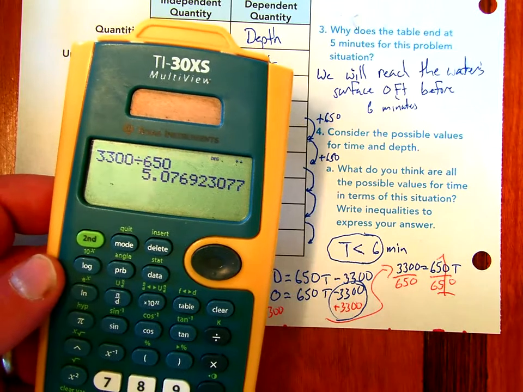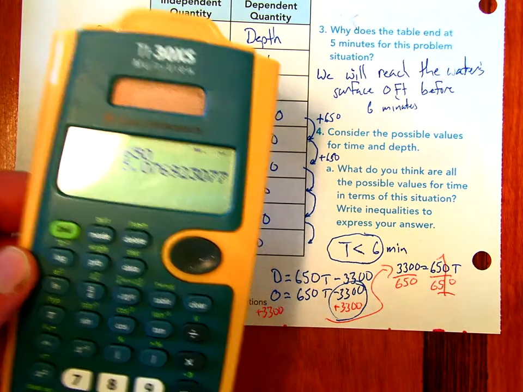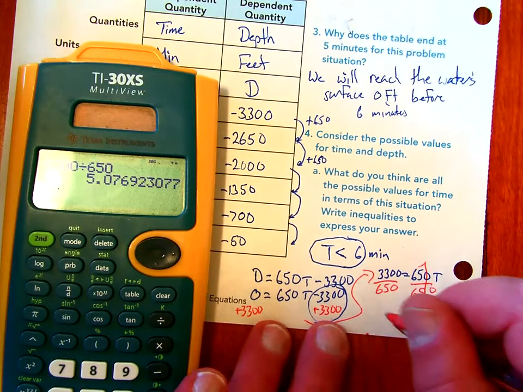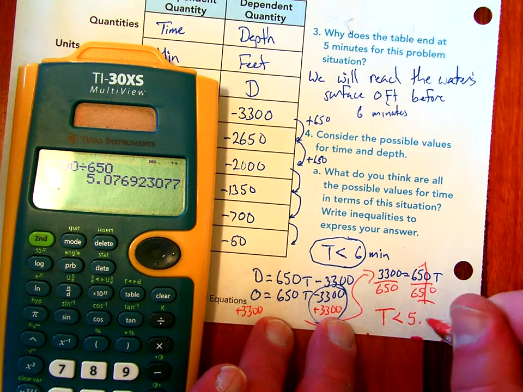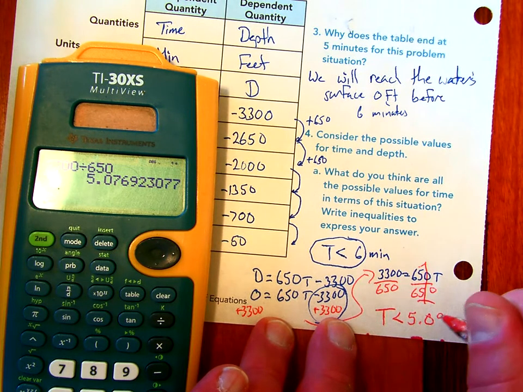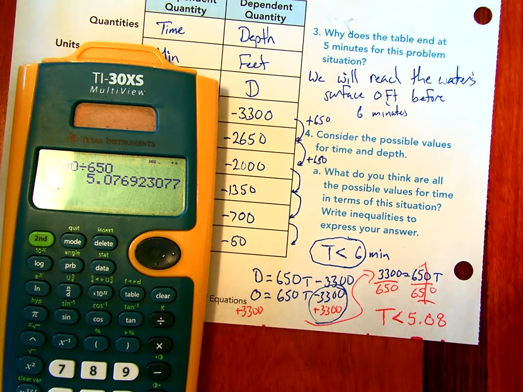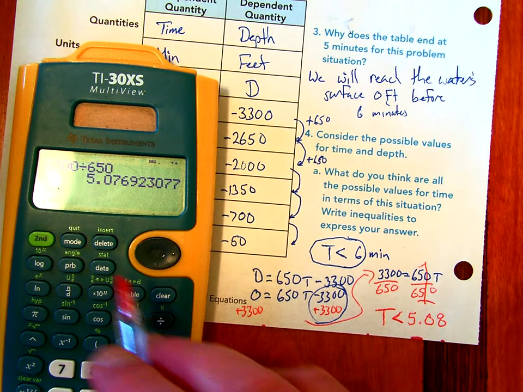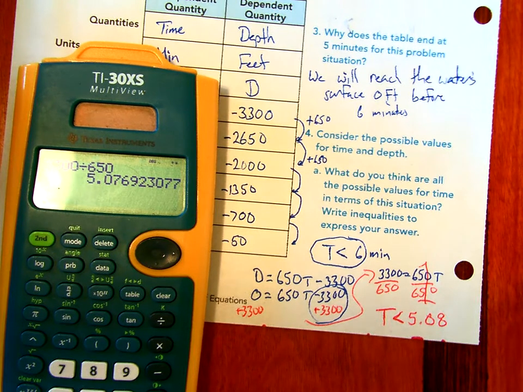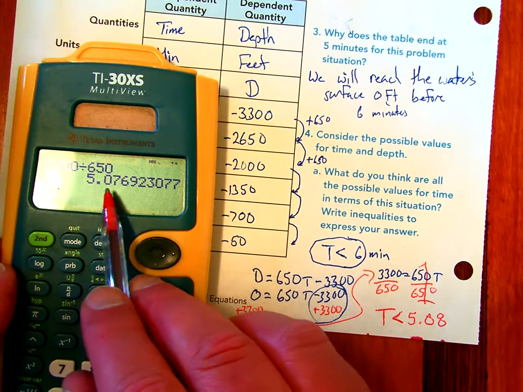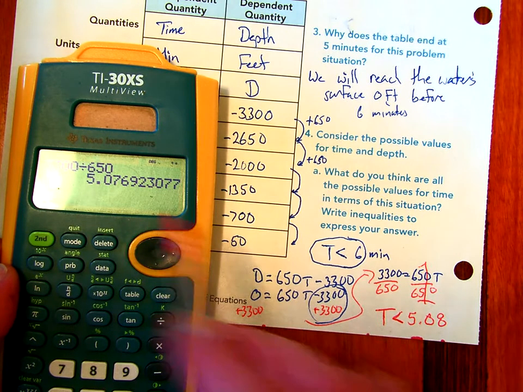Now this is less than 5.08, so I'm going to say t is less than 5.08. And if I wanted to be more precise, I could put the equal sign. I could say t is less than or equal to 5.076923, but I know 6 is more than that, so I know t is less than that.